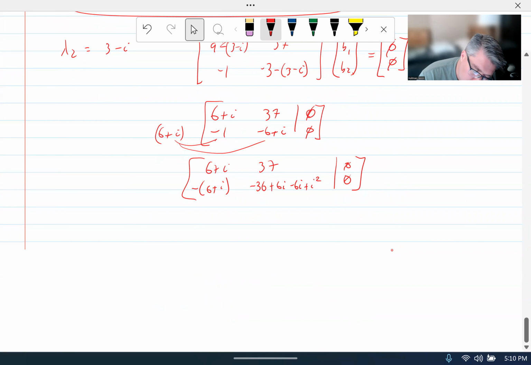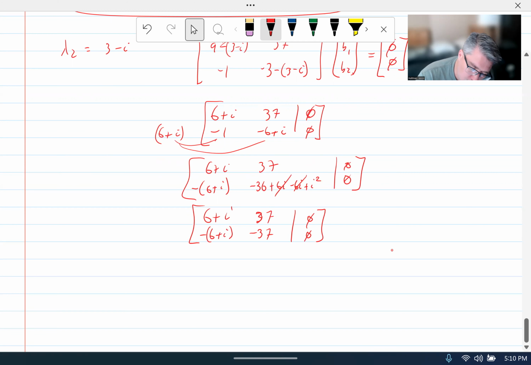And so if I were to combine this, 6 plus i, negative 6 plus i, and then we get positive 37. This is going to become negative 37, just like what we had before. And when I add these two together, I get a row of zeros. So they were linearly dependent. So I get 6 plus i, 37, 0, 0, 0, 0.